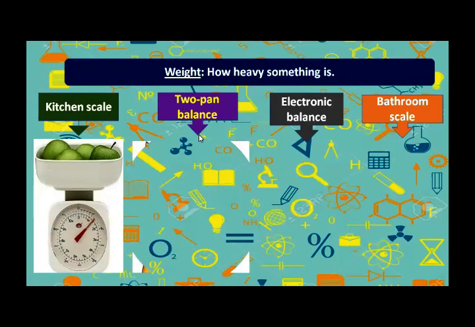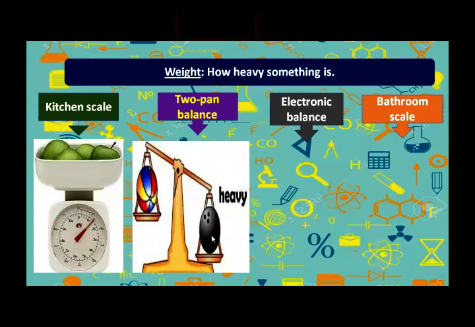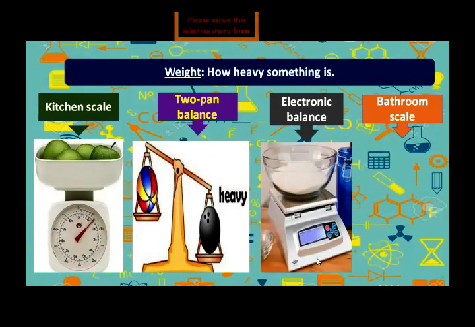And the two pan balance. With the two pan balance, we compare two things, which is heavy and which one is lighter. The heavy thing goes down and the lighter thing goes up. So the two pan balance is also used to check weight. And the electronic balance.